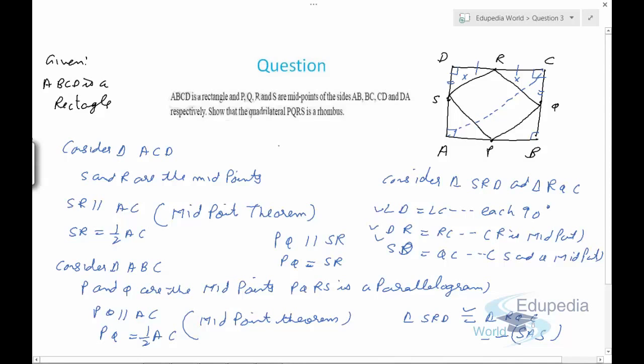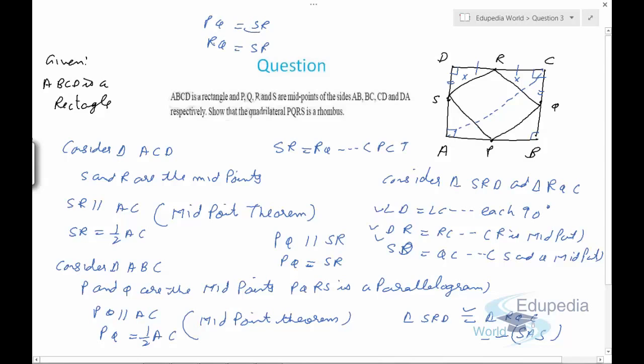So we can say that SR equals RQ by CPCT. Since SR equals RQ, all sides will become equal. Why? Because PQRS is a parallelogram, so PQ equals SR and RQ equals SP.